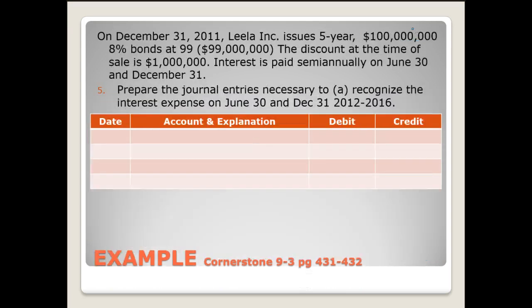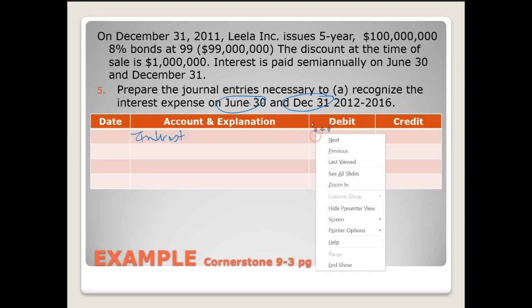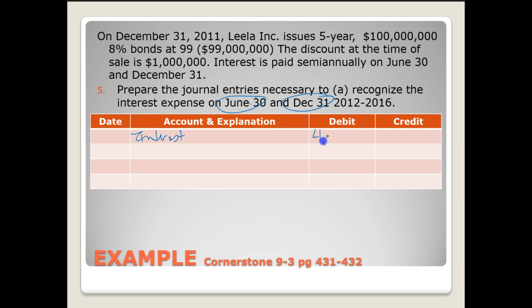So what will the journal entries look like to recognize interest expense every June 30th and December 31st between 2012 and 2016? Well, it's always going to have a debit to interest expense of the $4,100,000. There will always be a credit to cash of the interest payment.